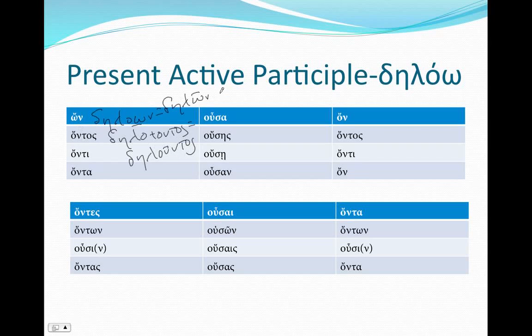So omicron plus omicron equals omicron upsilon, and omicron plus omicron upsilon renders us ou, omicron upsilon also. So everything that we're going to see here, we're going to have normal endings and an omicron upsilon instead of just the omicron.